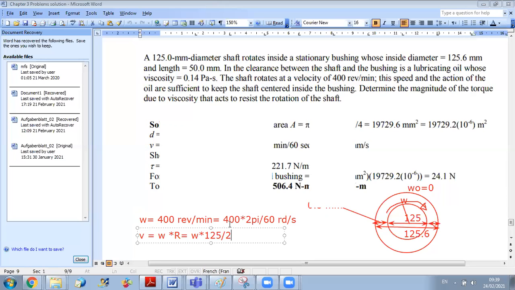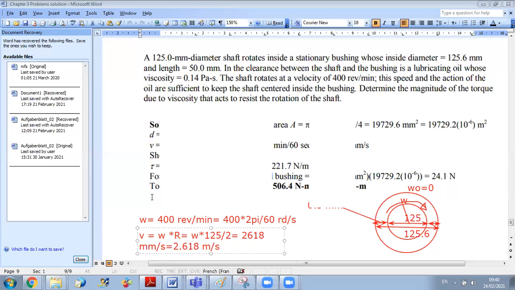If you keep the dimension in millimeter, your resulting velocity will be in millimeter per second. If you do the calculation, you will get that the linear velocity is 2,618 millimeter per second. You can also convert it back to meter: 2.618 meters per second. In this way, we have calculated the value of the linear velocity.